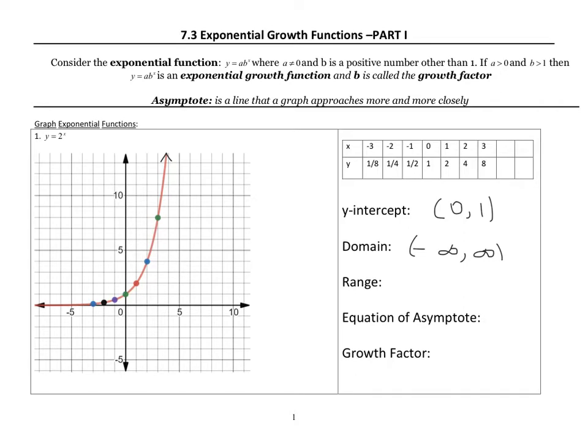So we're going to say from 0, but 0 is not included, to positive infinity. The equation of the asymptote, the line which is not being touched, is y = 0. And the growth factor is 2. So this is how a growth function looks.